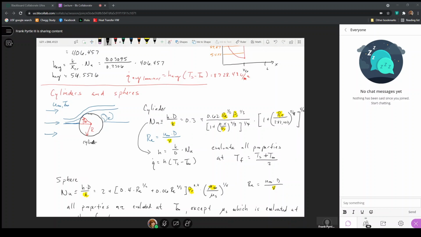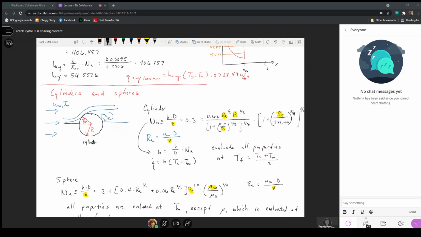So the way that we get a heat transfer coefficient, which would be an average heat transfer coefficient, is just to rearrange the definition of the Nusselt number for h, which says k over D times the Nusselt number will give us the heat transfer coefficient, such that the Nusselt number correlation that is appropriate for that flow condition would give us the value for the heat transfer coefficient once it's selected. And once we have the heat transfer coefficient, it's just multiplied by the temperature difference between the object and the fluid to then get the heat flux.